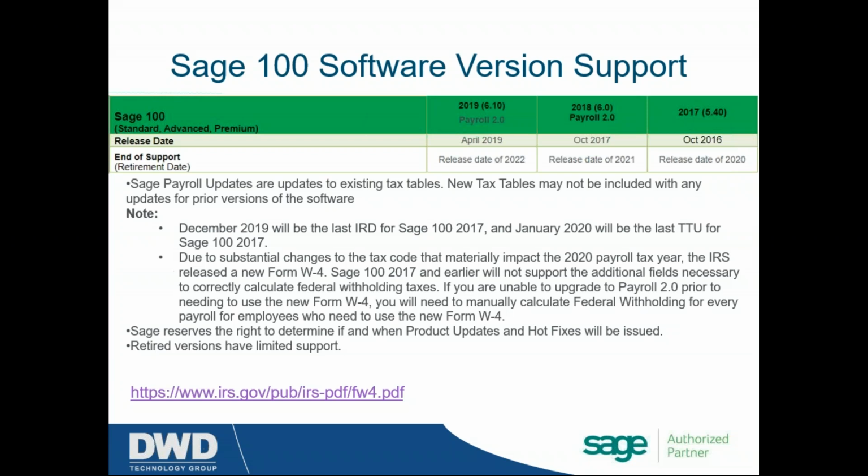Now, I do want to make a note and talk a little bit about this second bullet point. The W-4 has been changed substantially for the 2020 payroll tax year, and it includes a number of other fields to assist with the tax calculation. I've got a link at the bottom of the slide that will take you to that W-4 so you can take a look at it.